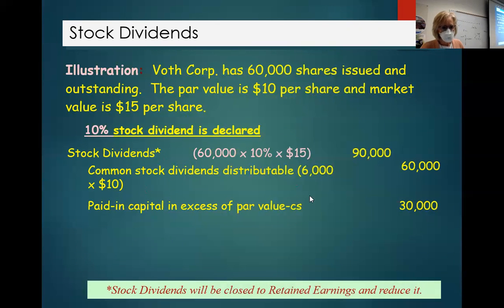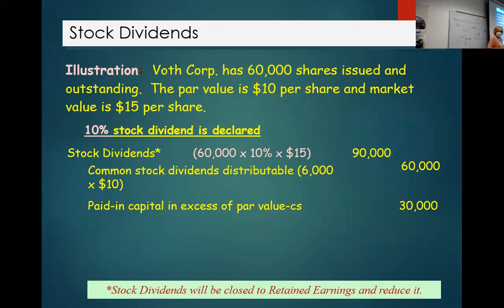Okay, at the middle of the page, you've got Voth Corporation has 60,000 shares issued and outstanding. The par value is $10 per share and market value is $15 per share. They declare a 10% stock dividend.